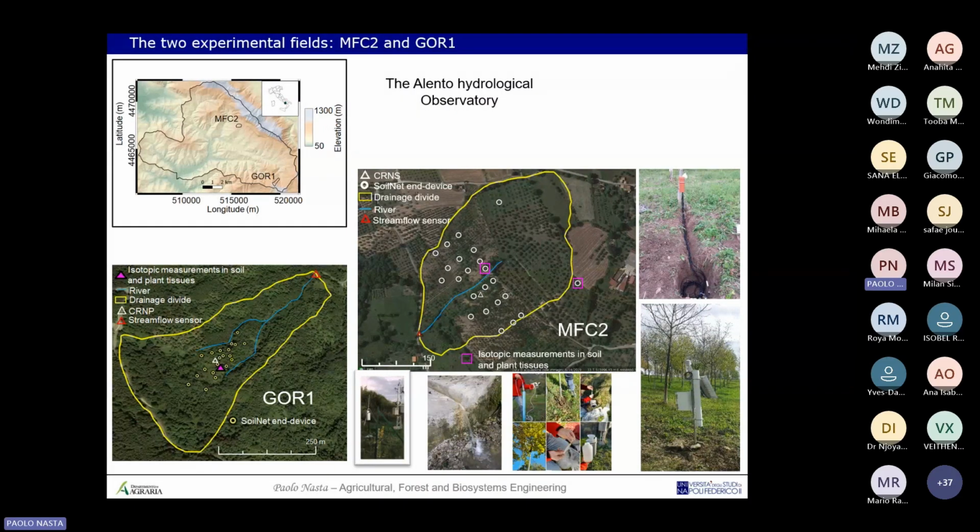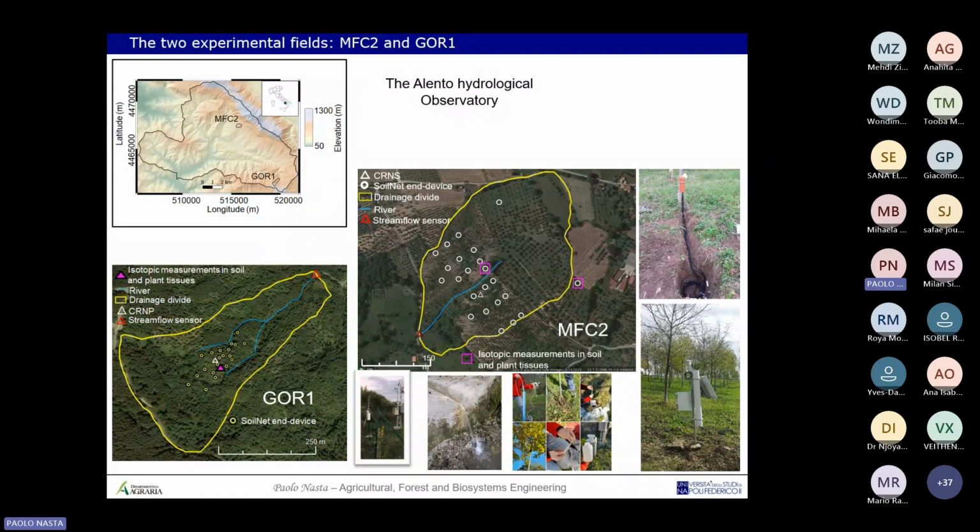These sensors have been working since 2016, so almost 10 years, together with the weather stations and the stream flow sensors. In MFC2, we also have a network of piezometers, which is not shown. And we also carried out isotopic measurements for almost 3 years.